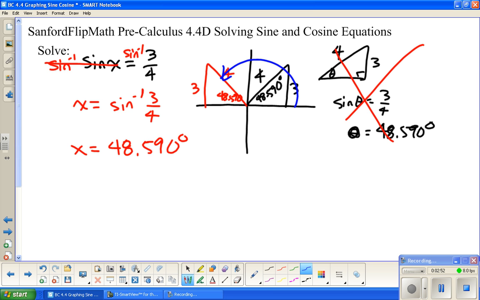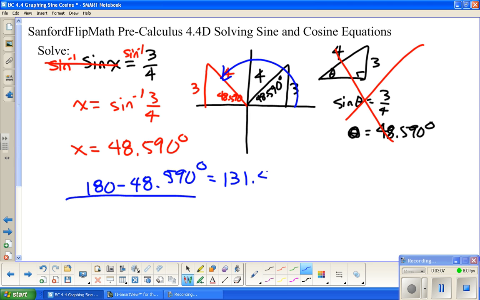The angle's really 180 minus 48.59, whatever that is. So 131.41. So maybe I have that solution, maybe I have that solution.